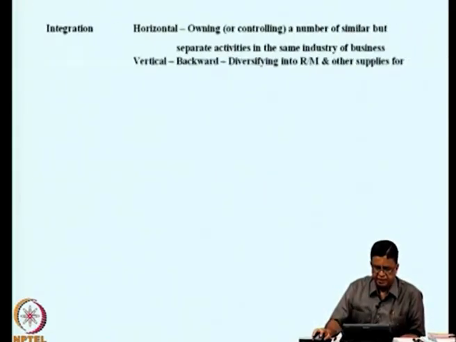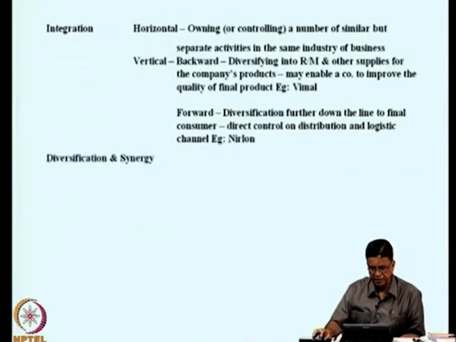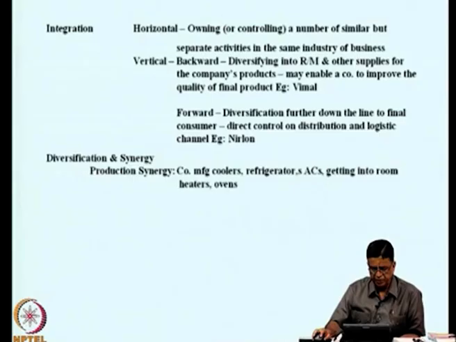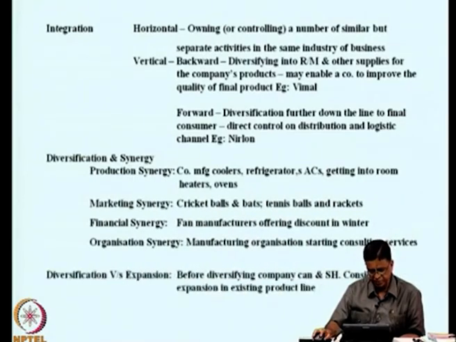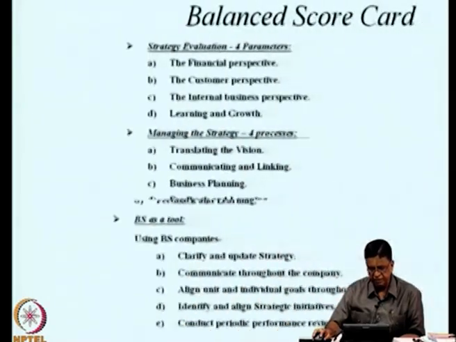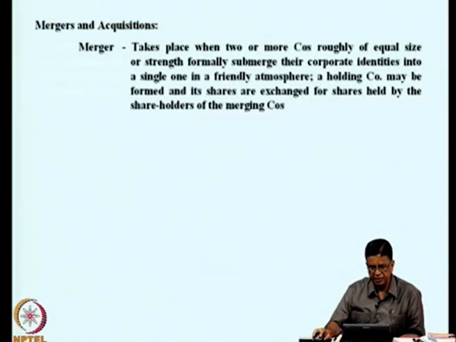So, when we looked at these mergers and acquisitions, we looked at the different integrations, horizontal, vertical, backward, forward, and the different types of synergies that can be had with respect to diversification. Then we looked at how the balanced scorecard can improve performance in an organization.